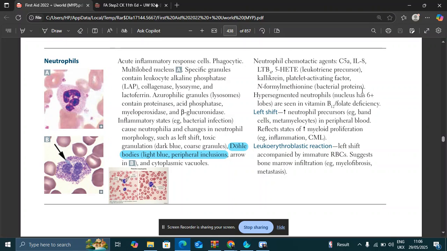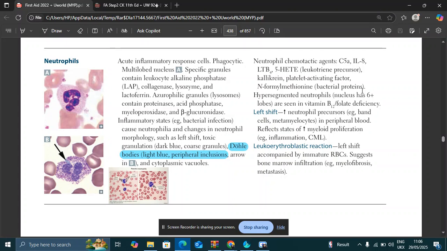So hypersegmented neutrophils are only associated with the megaloblastic anemia, not with the non-megaloblastic anemia. Okay, and the megaloblastic anemia is due to folate or vitamin B12 deficiency, and non-megaloblastic anemia is due to liver disease or chronic alcohol use. So we will see hypersegmented neutrophils only in megaloblastic anemia.